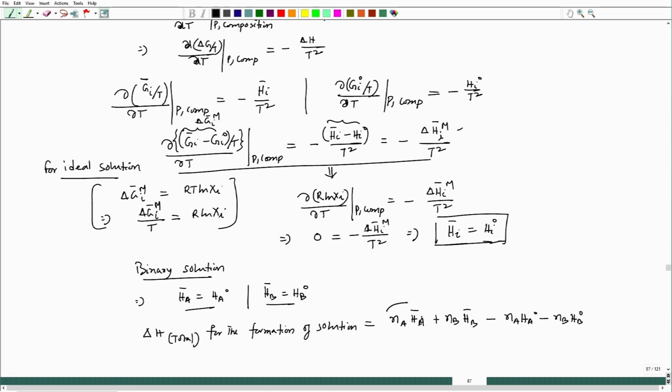Why? Because this is the total H after mixing and this is the total H before mixing.